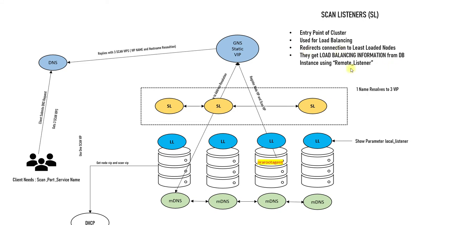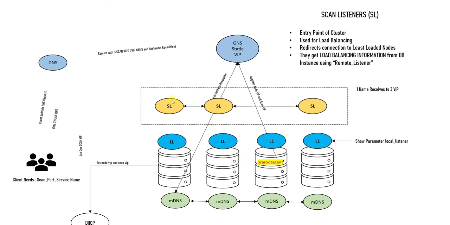Now the question comes: how are users able to connect? As we already know, there is the scan listener and the local listener, okay. Leave this part, MDNS and Aura root agent, because we have already discussed them. Local listeners run on each and every node, specific to that node. That is the reason it's named local listener, because it's running on every node.